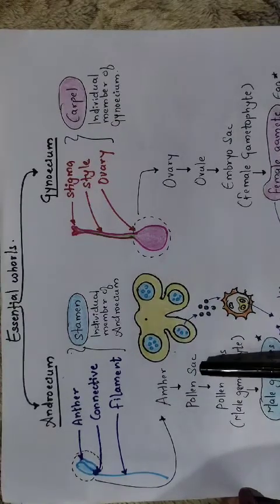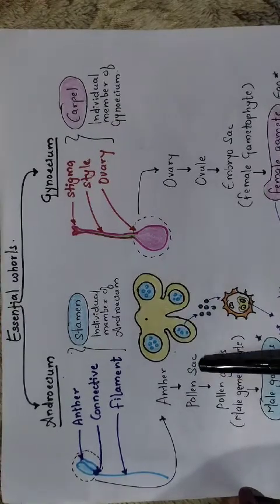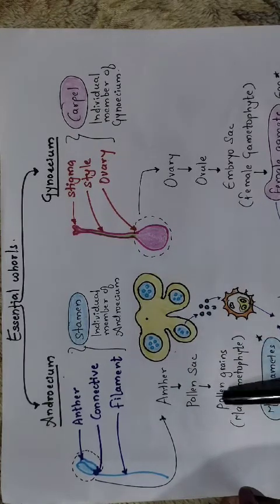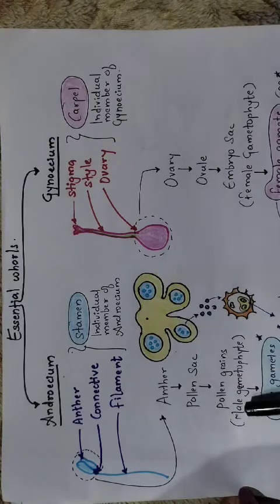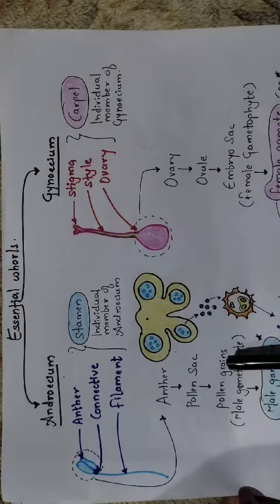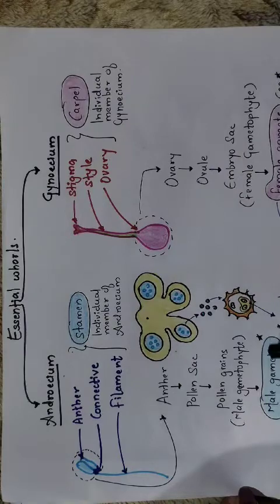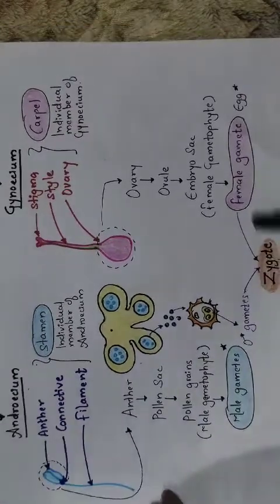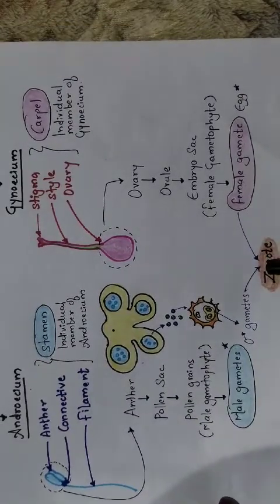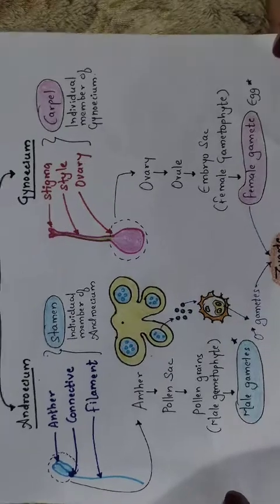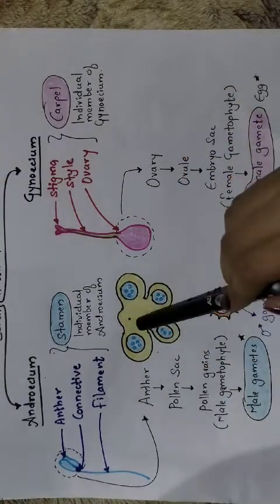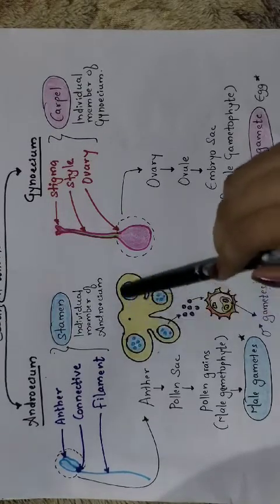A pollen sac is a sac-like structure which consists of pollen grains, and the pollen grains are the male gametophyte, which means they produce male gametes, and this male gamete will further fuse with the female gamete to form a diploid zygote. In this diagram you can see the anther part. It is a rough diagram of the anther, in which there is a circular structure.